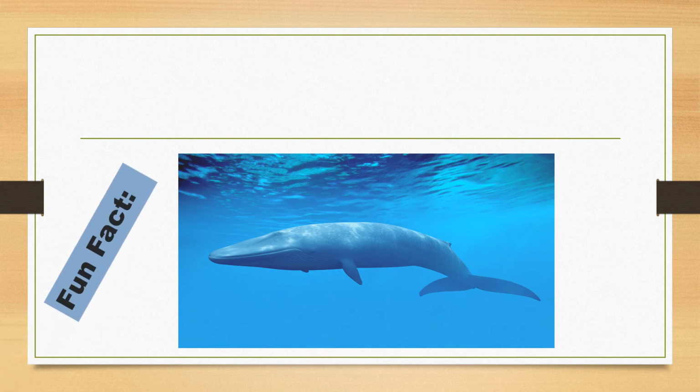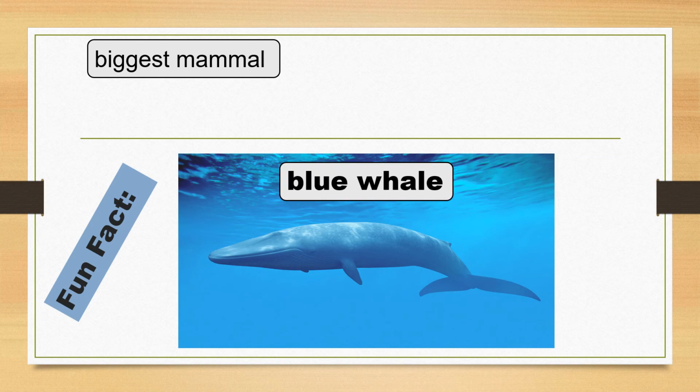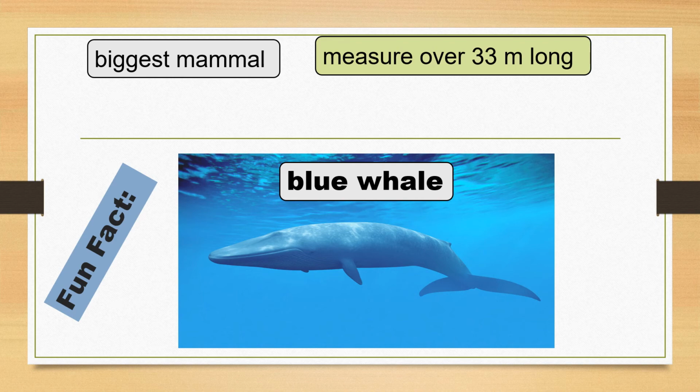Let us learn the fun facts about mammals. Now, what can you see in the picture? What is the name of this picture? It is the biggest mammal. What do you call that one? It is the blue whale. A blue whale can measure over 33 meters long, bigger than the largest dinosaurs ever known.